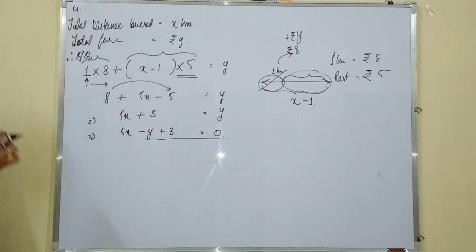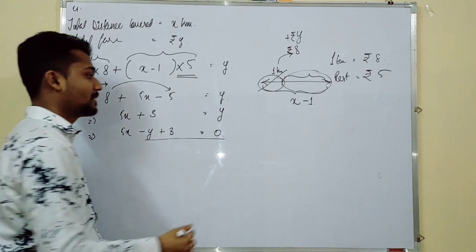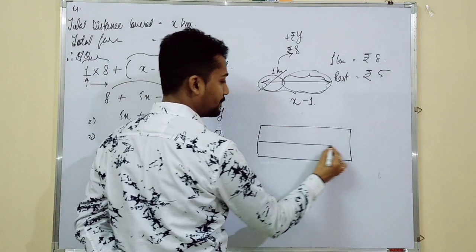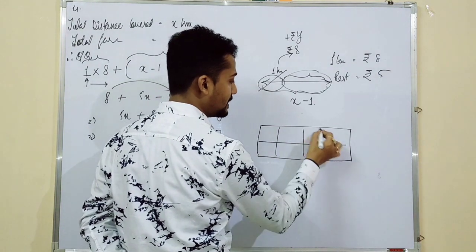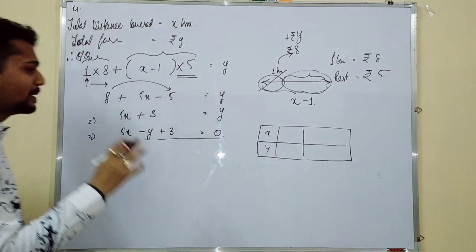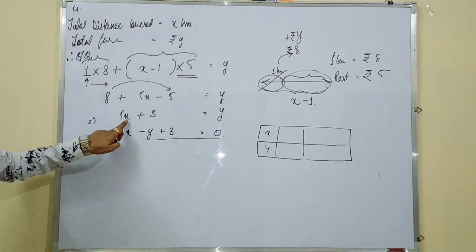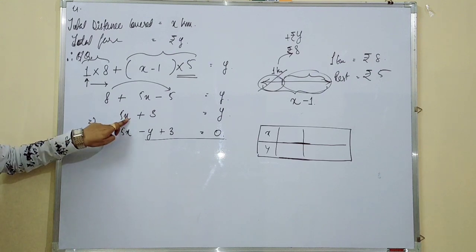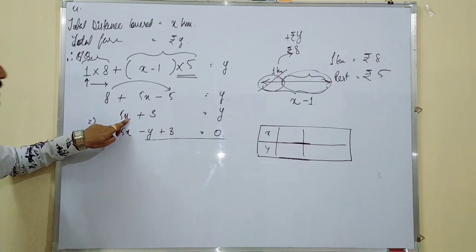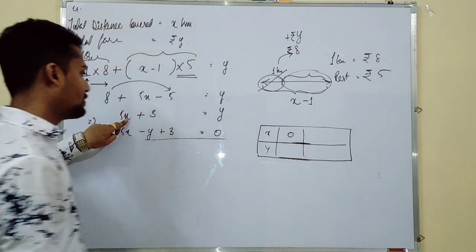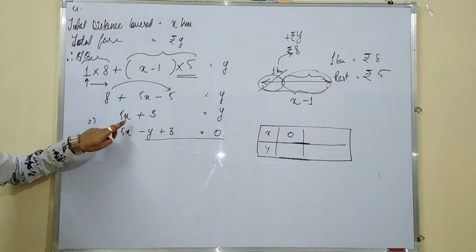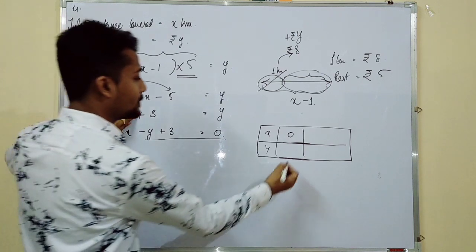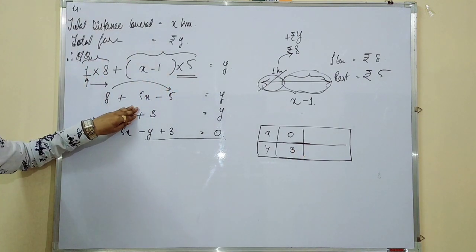That means this is the required equation. Now you have to plot it on a graph paper. Drawing on the graph paper I will leave it up to you because we have done questions related to that. x, y. If I take x to be 0, then the value of y will be 0 into 5, that is 0, plus 3, so the answer will be 3.